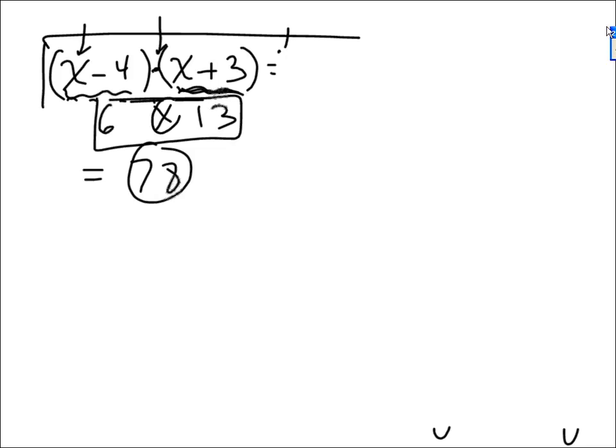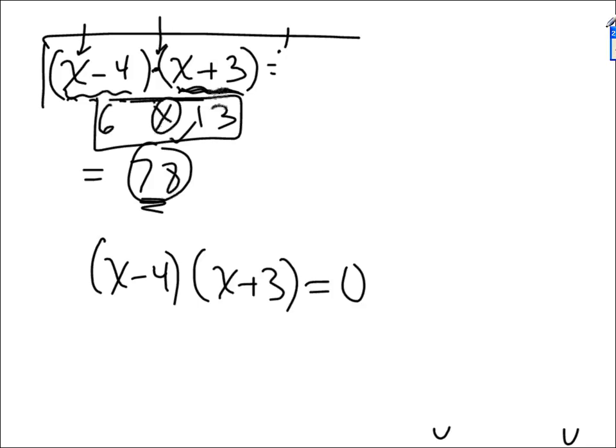What I'm really looking for is that times. Of course, if you tell me 78, I'll know that you multiplied them. But don't say "and." If you really think it's X minus 4 and X plus 3, and you set it equal to 0, you have absolutely no idea why we set each of these factors equal to 0.